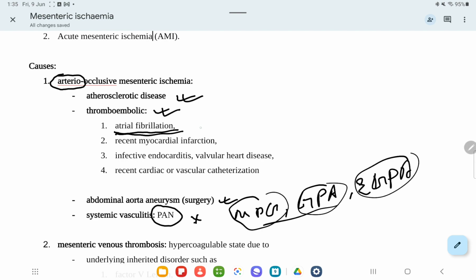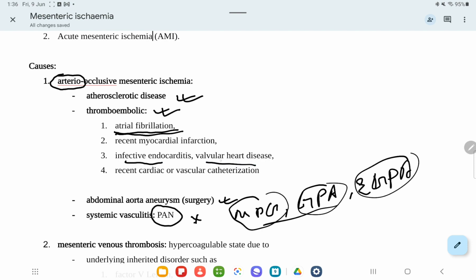When any patient presents to us with acute abdomen, we just go for a local cause, but it might be a cause far away from the abdomen, like atrial fibrillation or recent myocardial infarction with ventricular thrombosis and embolism of that ventricular thrombosis. Infective endocarditis, of course, and valvular heart disease.